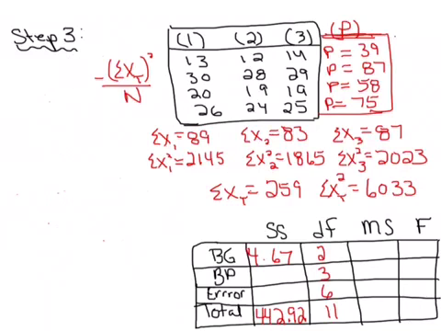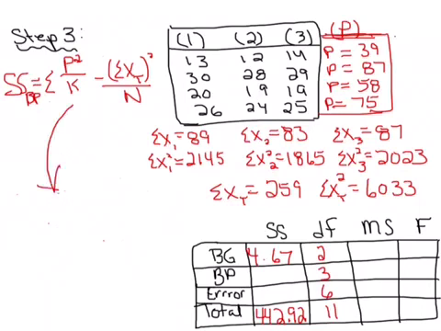So our sums of square between person is that summation, the sum of p squared divided by k. So that's each person score squared and divided by k, and then minus the sum of x total divided by n. So we're going to bring this down here.